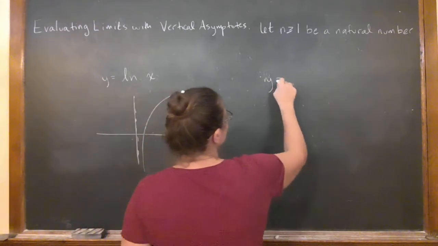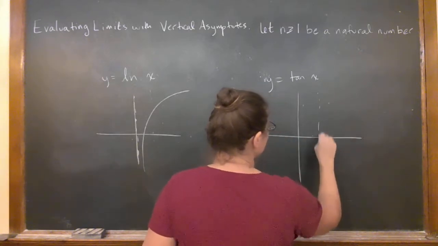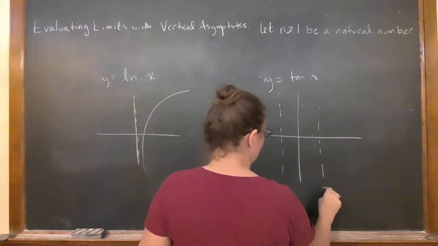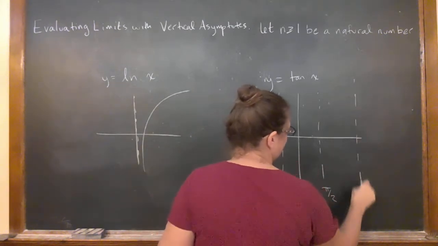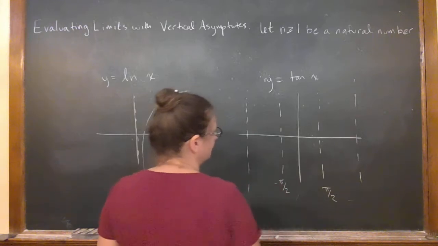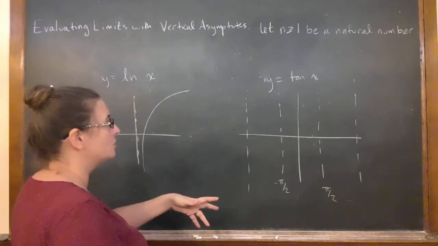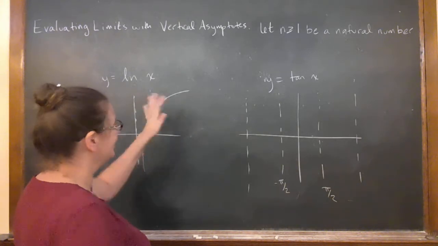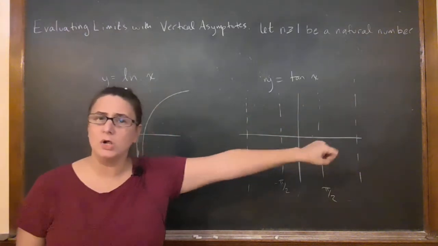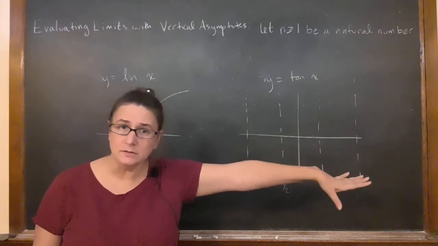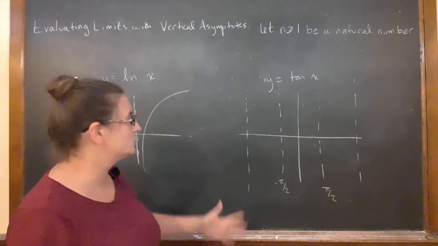If I look at tangent of x, of course I have these asymptotes here, at pi over 2, minus pi over 2, etc. But both of these functions are continuous, right? So we already said we can pull the limit in because it's a continuous function. It's continuous everywhere on its domain.